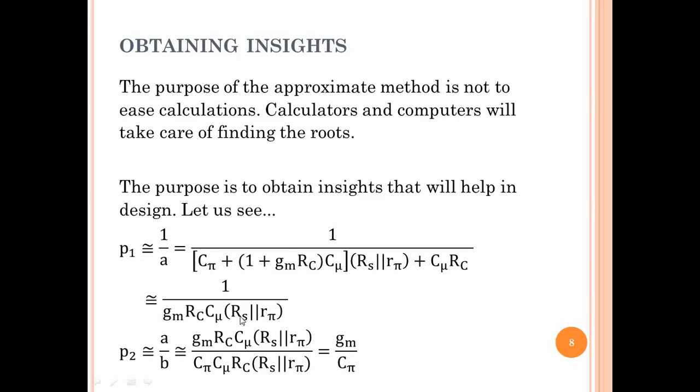C mu and RS will typically be given to us, but GM, RC and R pi can be designed to meet the requirement for P1. This is the advantage of making this approximation. It allows us to do educated and informed design.